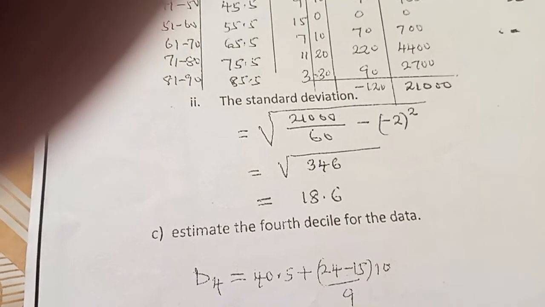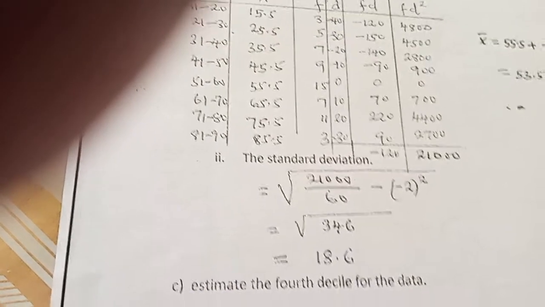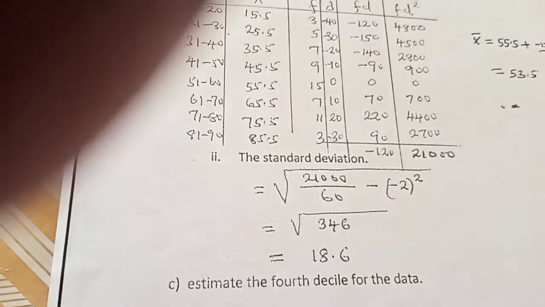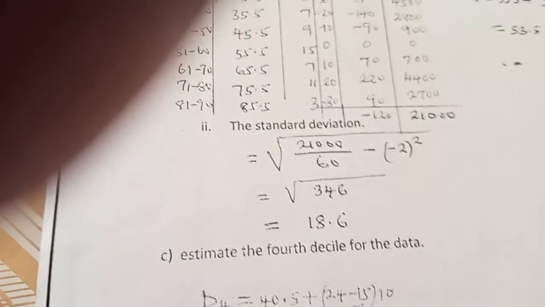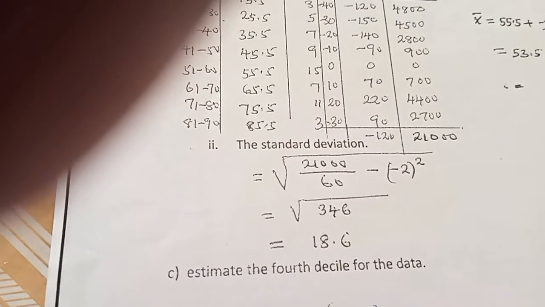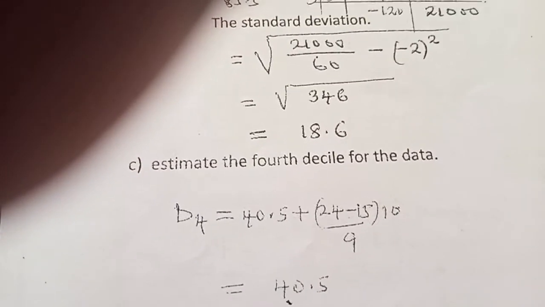We add 24 minus 15, that is the cumulative frequency above the class, divided by the frequency of the class, which is 9. And then we get the fourth decile.